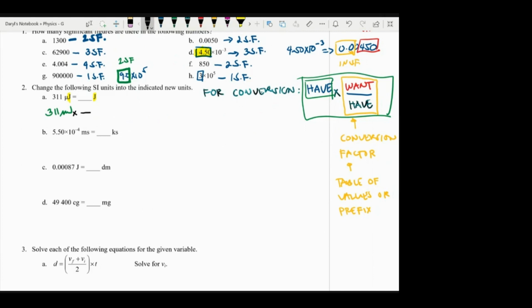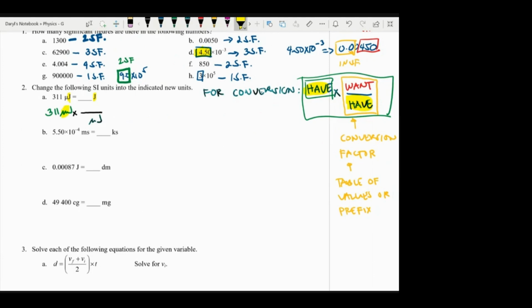Well, again, if you can see, the bottom is the unit that I have. So that's micro. I'm gonna write the same unit of the unit that I have, so it should be at the bottom.